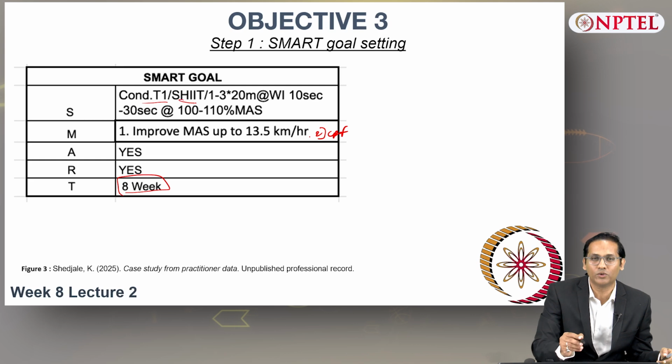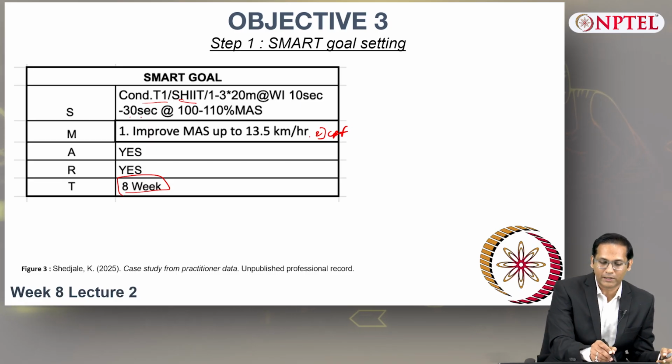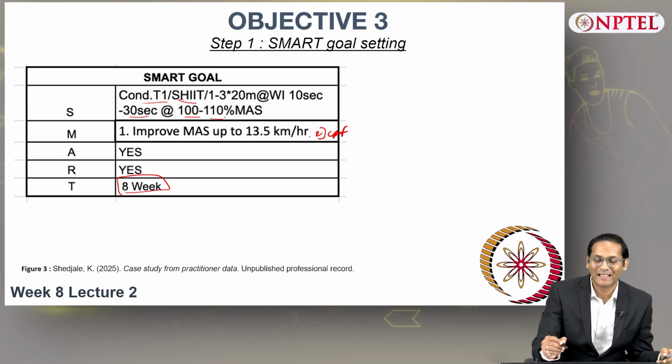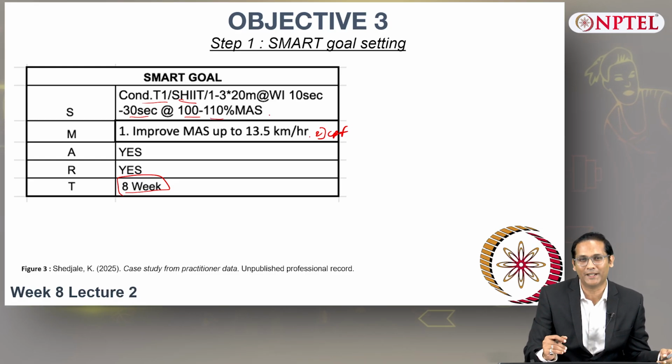The format that is used is short HIIT. The volume that would be prescribed throughout the 8 weeks is from 1 set to 3 sets, 20-meter distance with a work interval of 10 seconds, progressing towards 30 seconds at an intensity of 100 to 110% of MAS from week 1 to week 8.